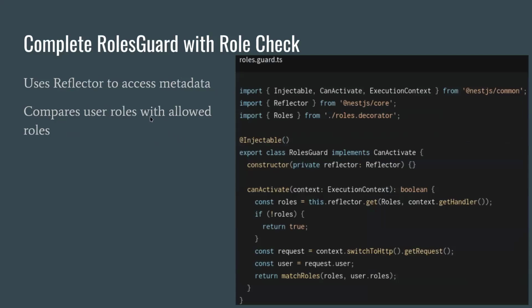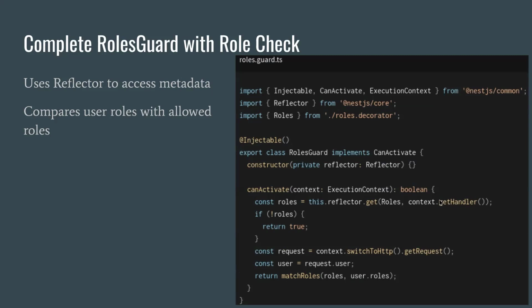Complete roles guard with role check. If we are to complete the roles guard by adding logic to check the roles, you can see that we're using the Reflector in NestJS core to access the roles metadata that is attached to the handler here.